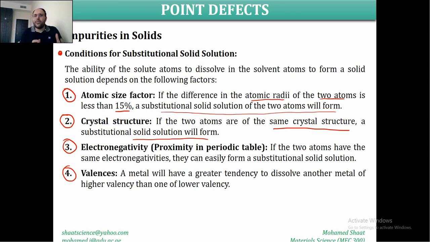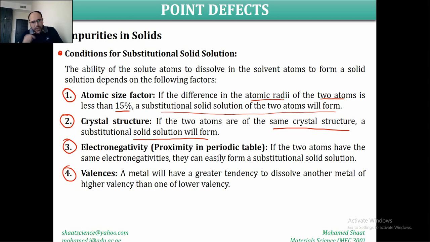So they can form a substitutional solution, but it is not that easy. It becomes more difficult if you have a cubic crystal structure and a hexagonal crystal structure. Make sense? So in case the crystal structures are identical, this is the best option. The substitutional solution is likely and can be simply formed.